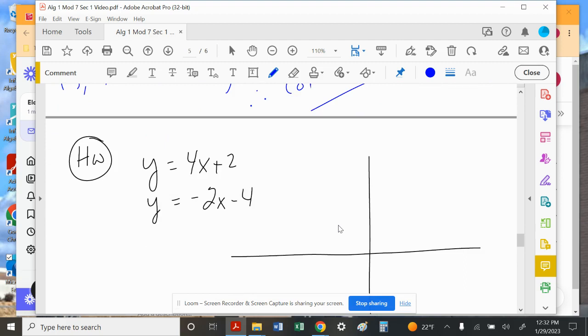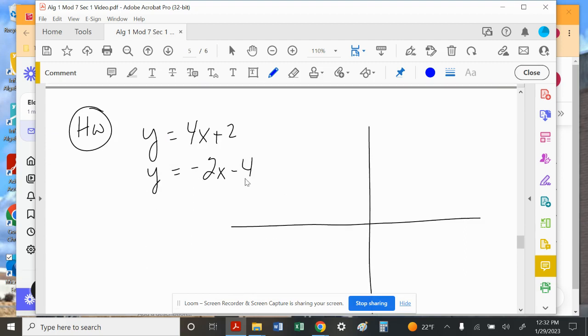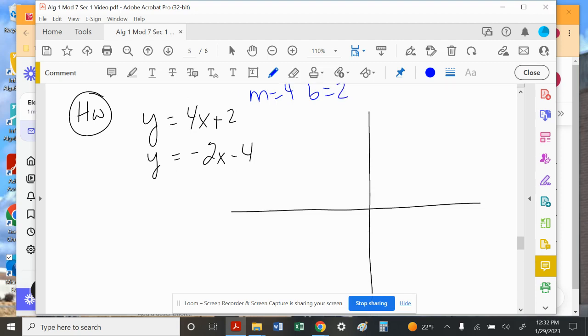Okay, y equals 4x plus 2, y equals negative 2x plus 4. This one's a little easier to graph just by looking at it, because we can see that the slope equals 4 and the intercept equals 2. So I have the intercept at 2, slope is 4, which means I go up 4, 1, 2, 3, 4, and always to the right 1. So I have these 2 points for my first equation.